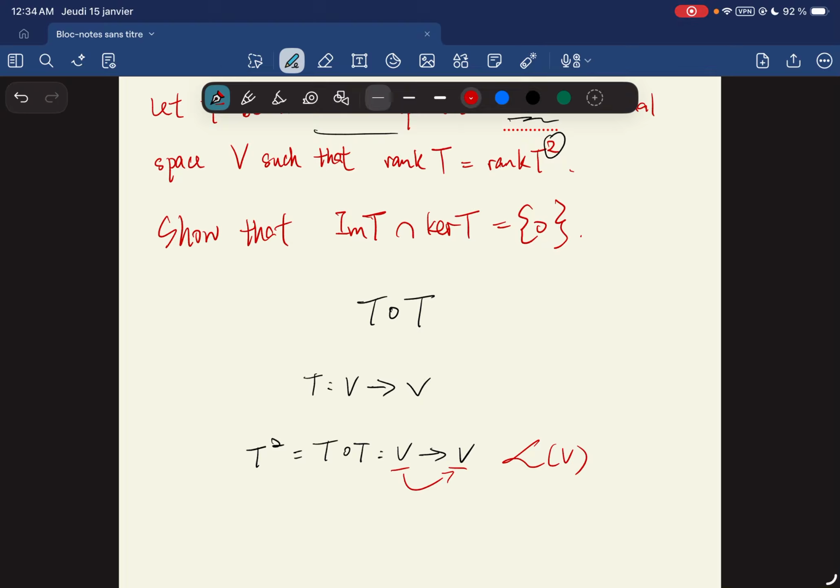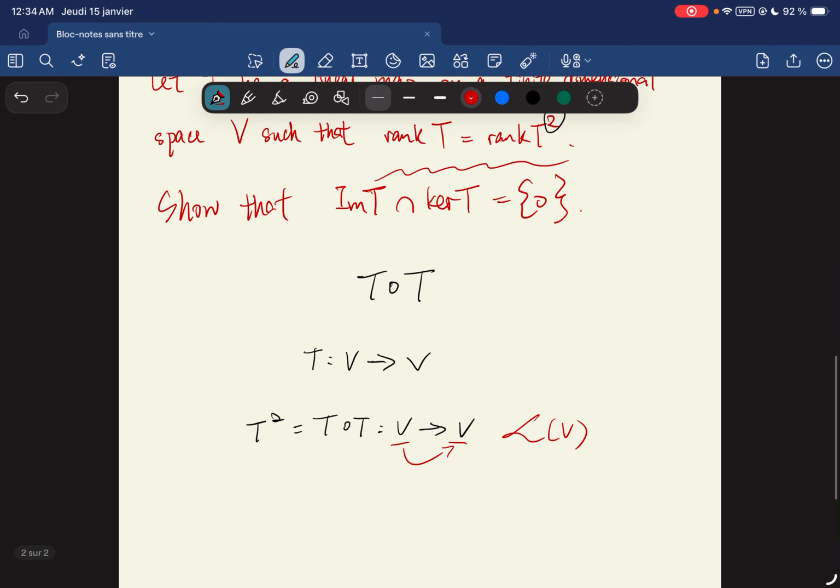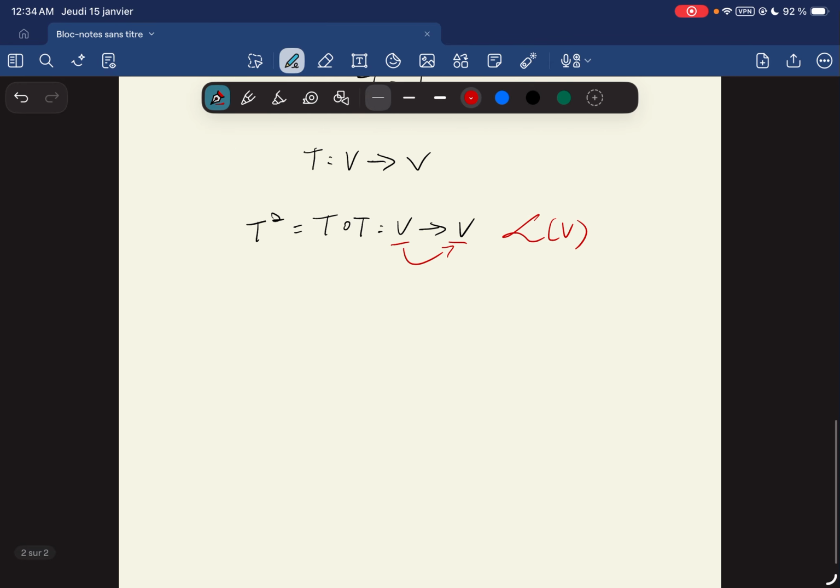Okay, so how can we use the information that is given to us? When we deal with this kind of problem involving transformations, the first thing we can think of is the dimension theorem.